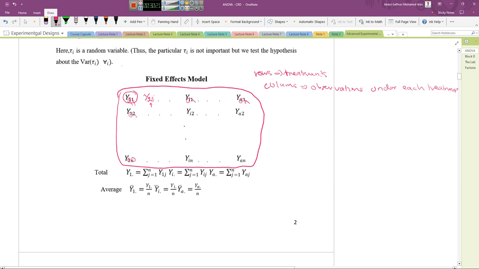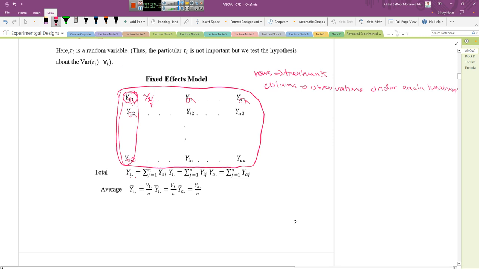Now we have to find out the treatment total and column total, right? Here this is the column total, y1 dot, the first column total. We have to add all these data points. So we can write it as summation yij.